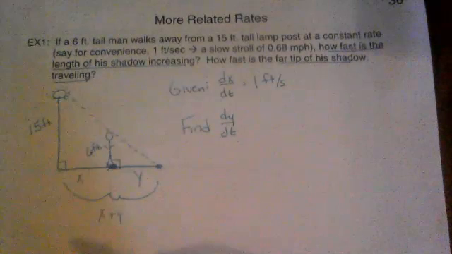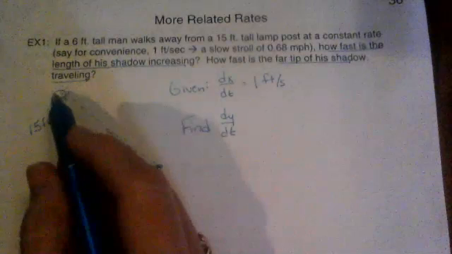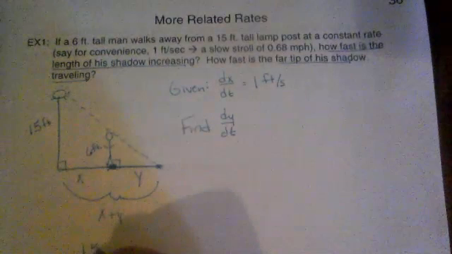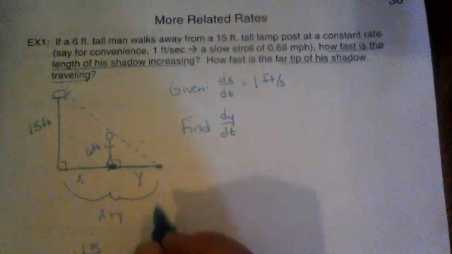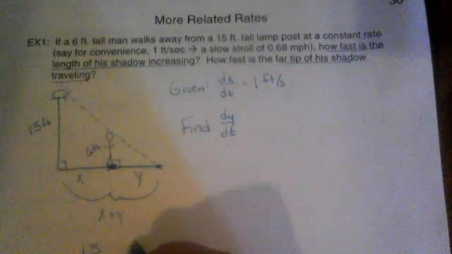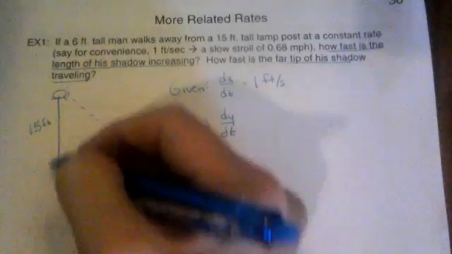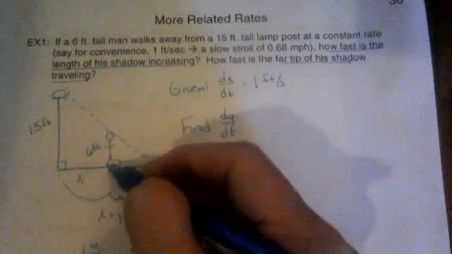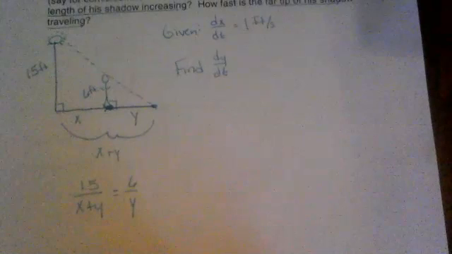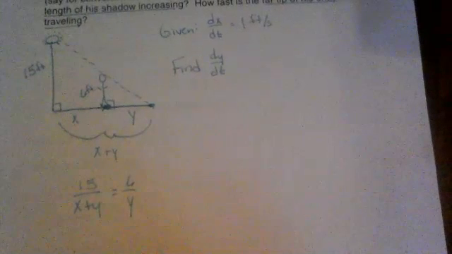In the big triangle, we would have 15 over the whole bottom, x plus y. And in the small triangle, we would have 6 over y. So it's just proportional.